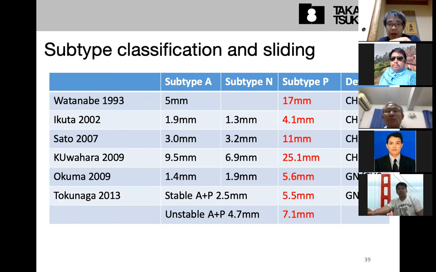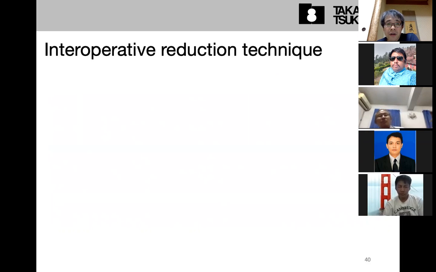With both gamma nail, IM nail, and CHS, the sliding in patients with subtype P is bigger than with subtype A or subtype N. So now in Japan, intraoperative reduction is very popular.